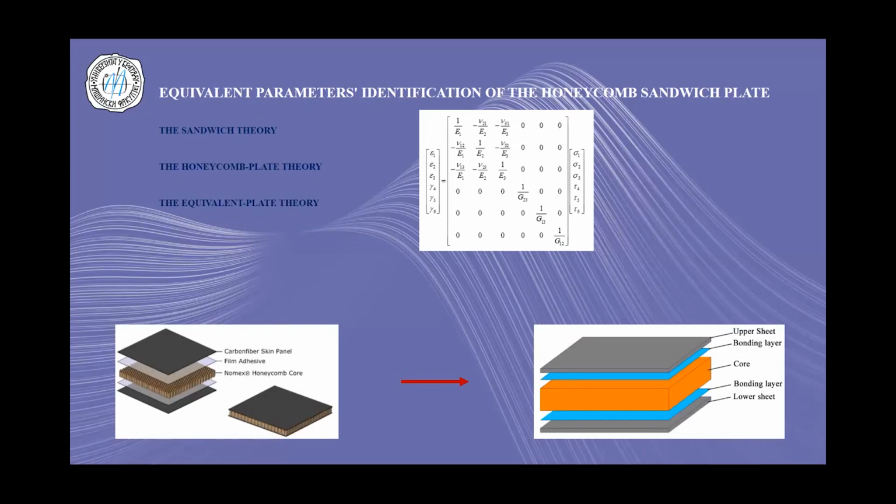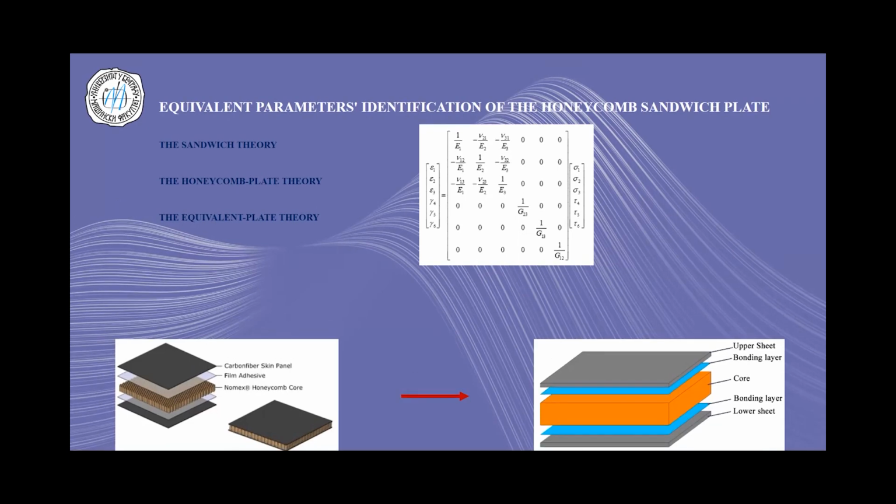Well, it really depends on what you are trying to calculate, what you are trying to analyze. If you start with, I cannot say simple, but relatively static analysis, there are very well established methods here, different theories that are basically trying to transfer the real structure to something that we call an equivalent structure. This is done primarily because of the material complexity and, second of all, the geometry complexity.